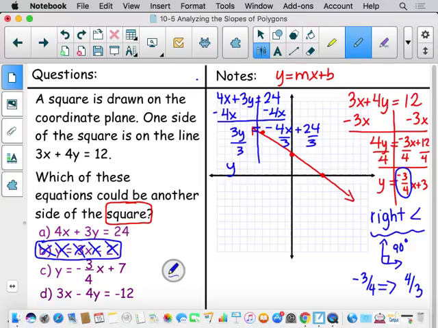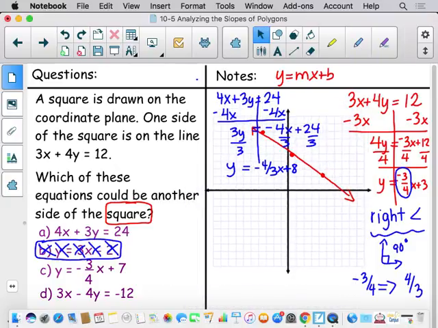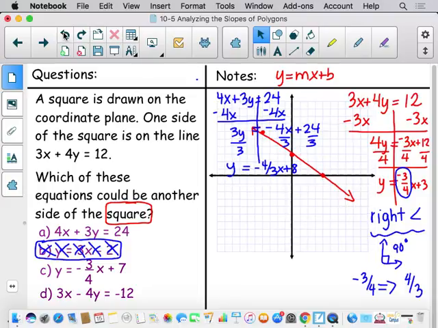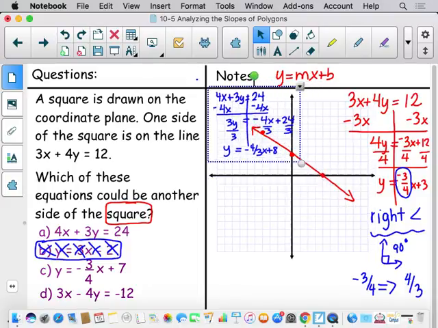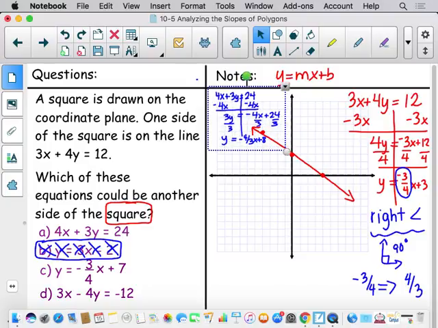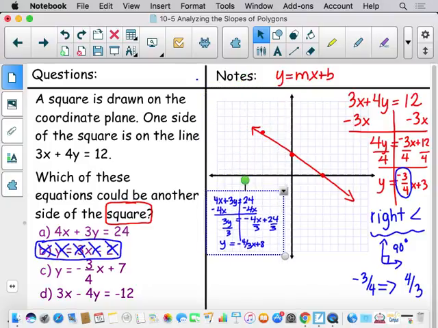So y equals negative 4/3 x plus 8. All right, I better shrink that and move it down here. Okay, negative 4/3 x plus 8.